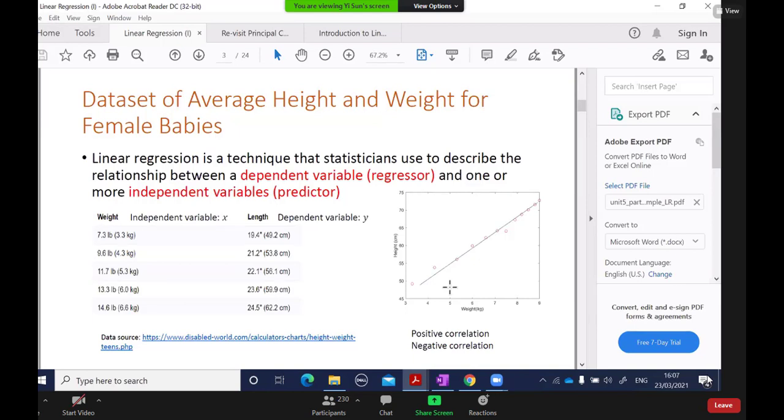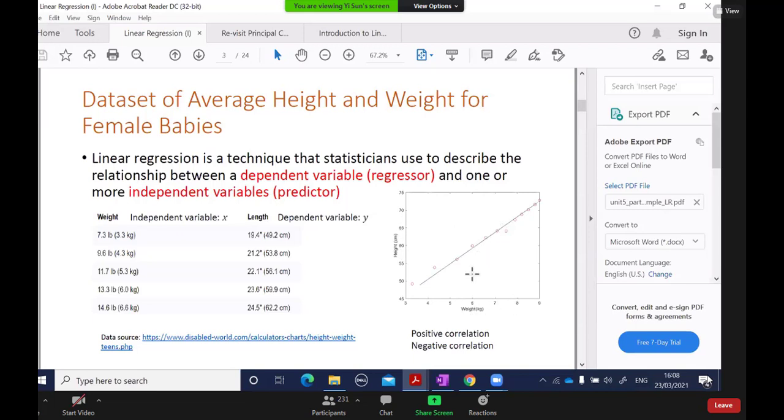Usually, if you are asked what you can see from a scatter plot, you can answer whether there is a positive correlation between these two features, or a negative correlation, or no correlation at all. Positive correlation is like here: when one variable increases, the other also increases.